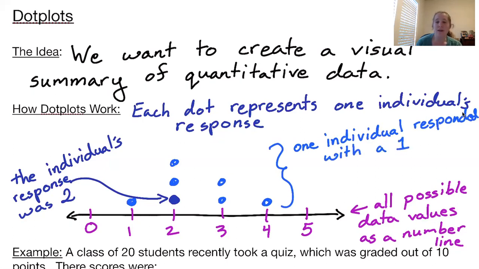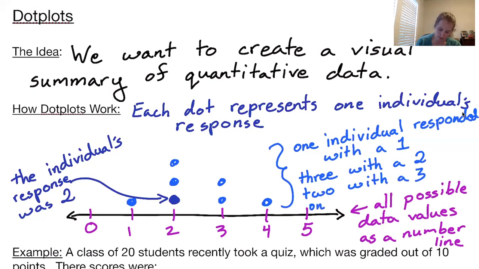At 2, we have 3 dots, so that's 3 individuals with a 2. At the number 3, we had 2 dots, so 2 responded with a 3. And at the number 4, we just had 1 dot, so 1 individual responded with a 4. So all in all, we had 7 dots. That means 7 individuals responded, and those are their 7 responses. And so this is just the basic idea of a dot plot.